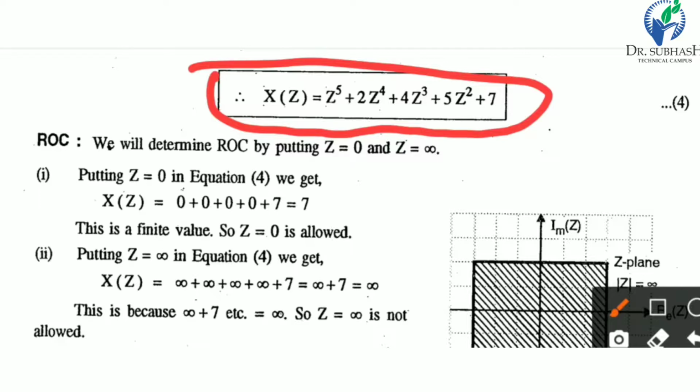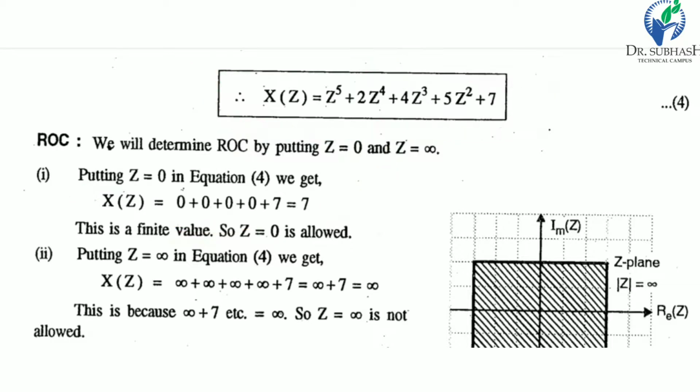So all the z raised to 5, z raised to 4, z cube, z square are 0. So X(z) becomes 0 plus 0 plus 0 plus 7. So we get the final value 7 as a finite value. So z equal to 0 is allowed for ROC.